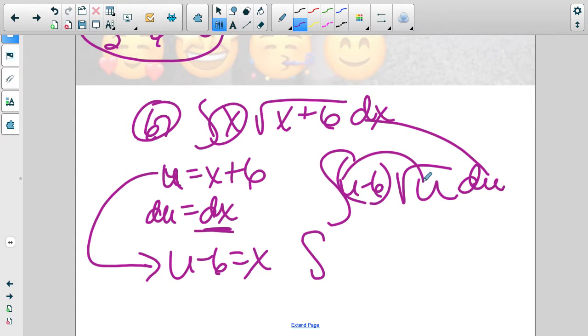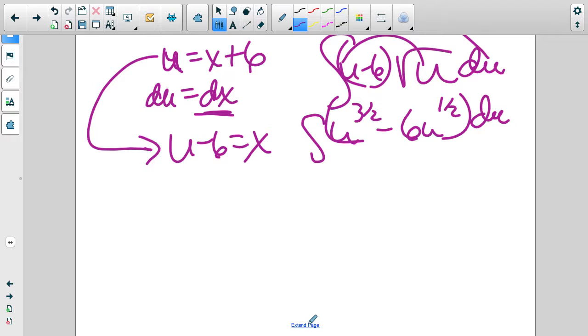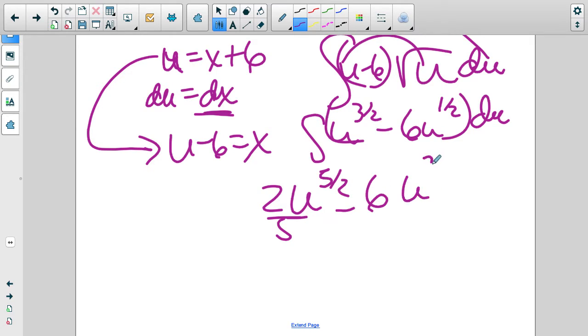That's u to the first times u to the 1/2, which is u to the 3/2, minus 6u to the 1/2 du. And then it's super easy. Add 1: u to the 5/2 times 2/5 minus 6 u to the 3/2 times 2/3 plus c, and then fill back in for u. This cancels. That would give me 4.